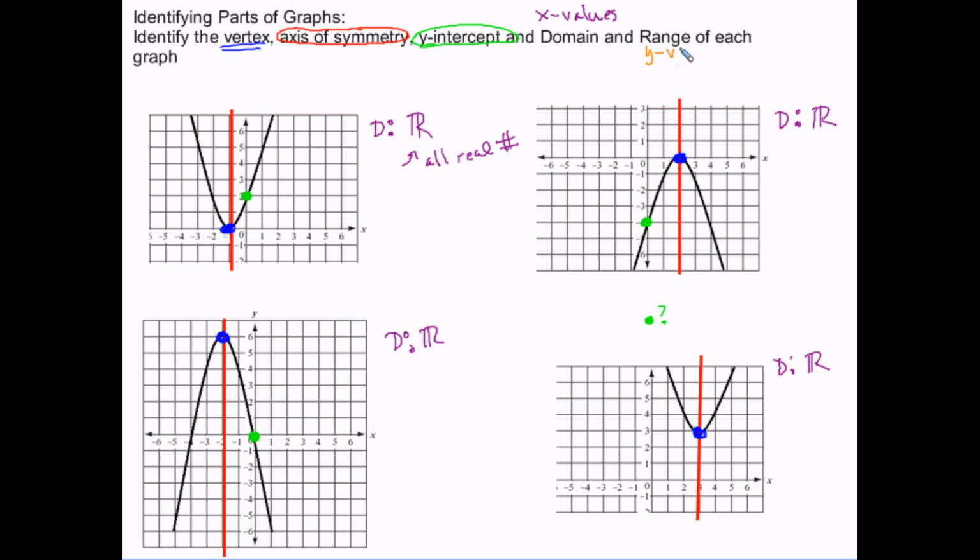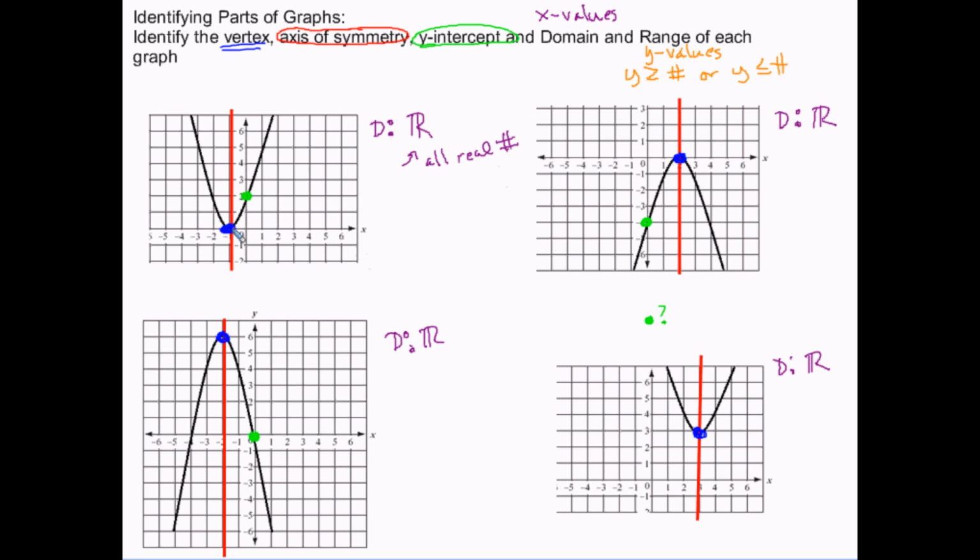Okay, the range are all of the y values. And the range is going to be either y is greater than or equal to some number, or y is less than or equal to some number. And this will have to do with the vertex.